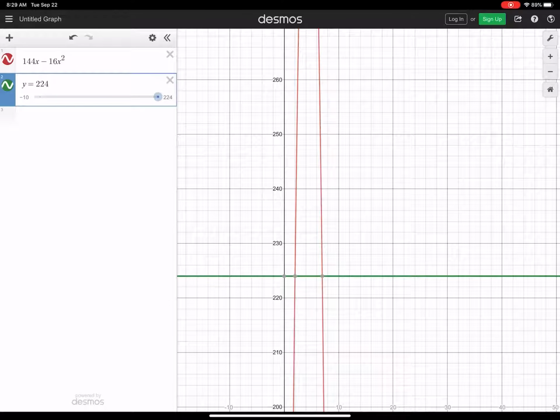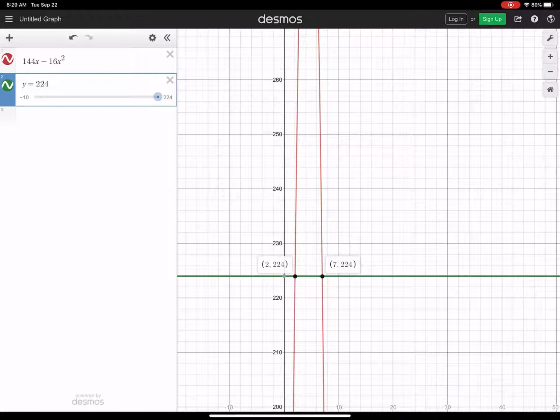And when it reaches a height of 224, notice there's two different times, two different seconds. There's 2 seconds and 7 seconds when it's 224. Well, the way the question is asked, it says find the number of seconds the ball is in the air when it reaches a height of 224.